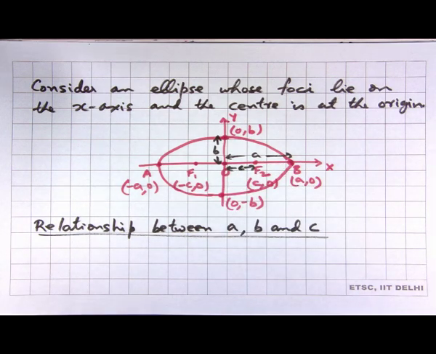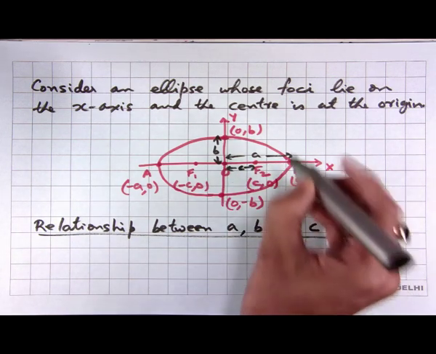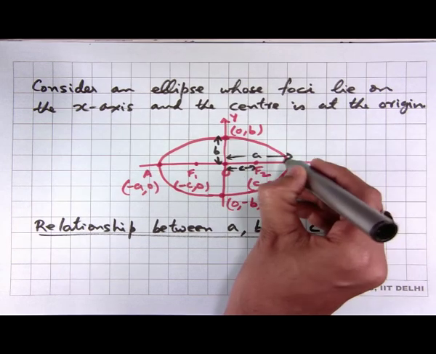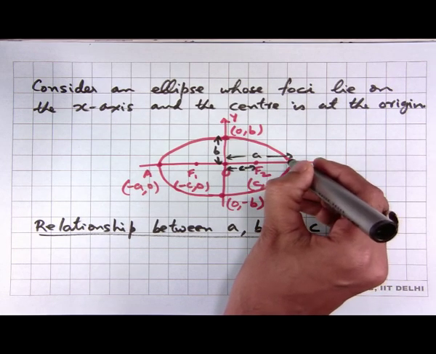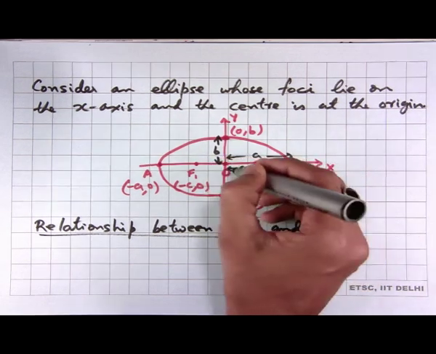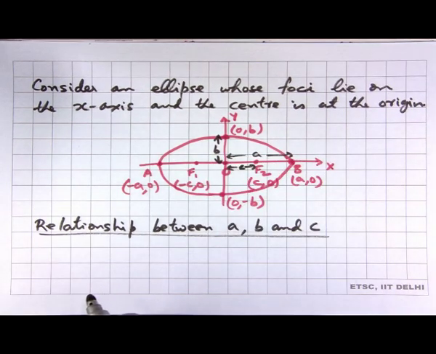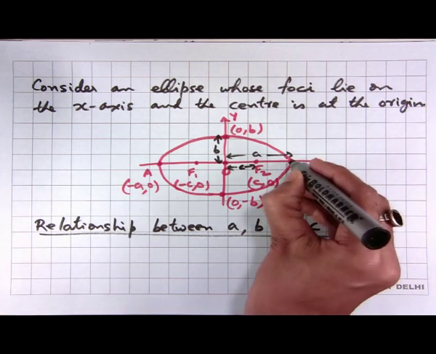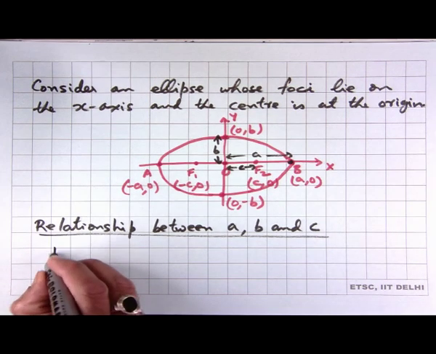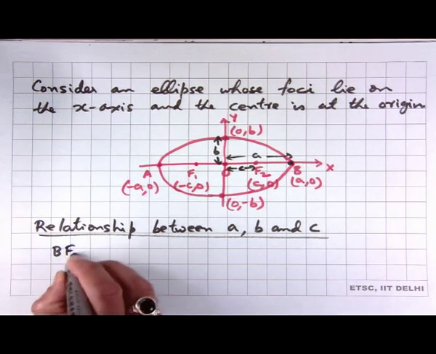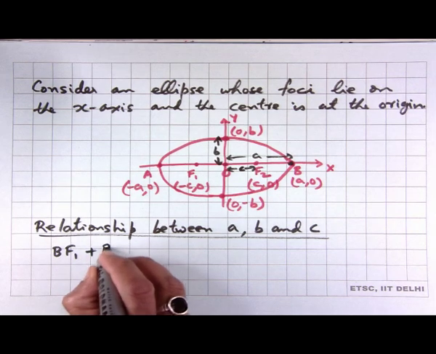Now, by the definition of an ellipse, the sum of the distances of any point on the ellipse from the foci F1 and F2 must be constant. If we look at this point B, what is the distance BF1 plus BF2?